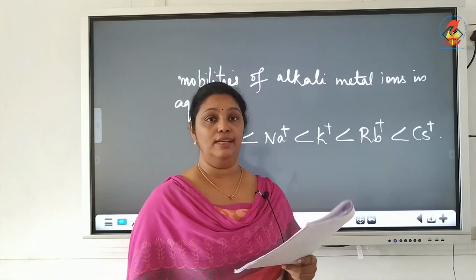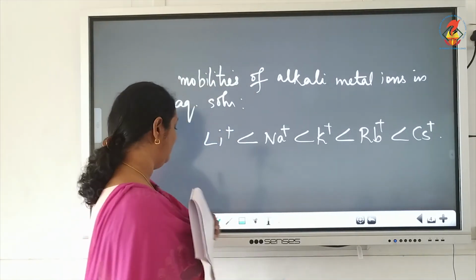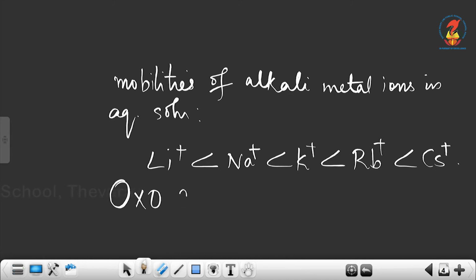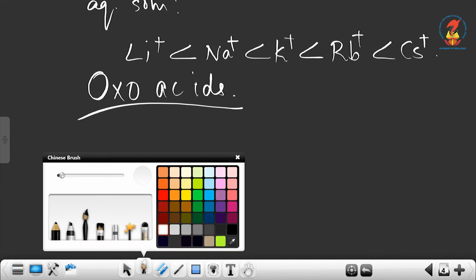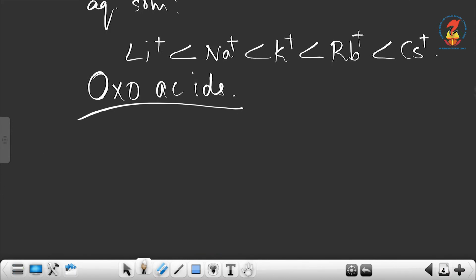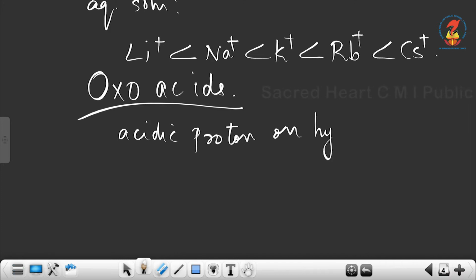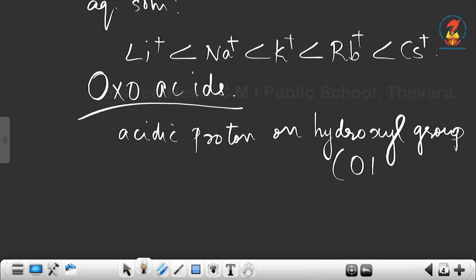Now the next question, what are oxo acids? Give an example. Oxoacids are compounds in which there is an acidic proton on a hydroxyl group. The hydroxyl group is the OH group.